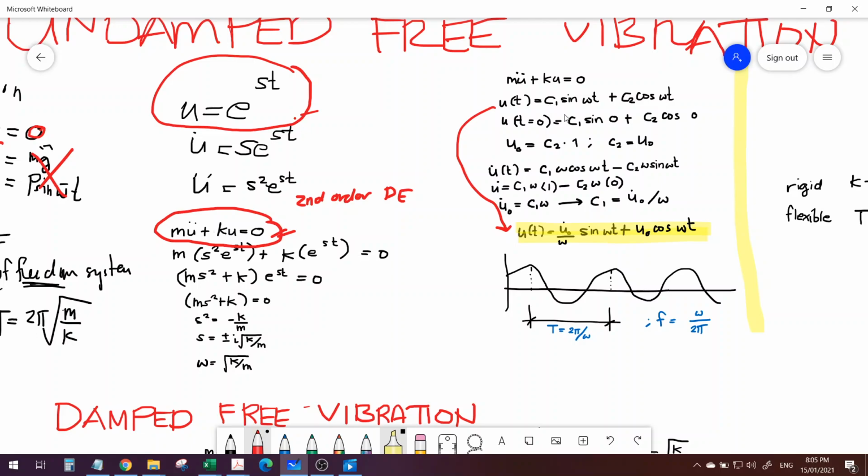So mu double dot plus ku equals 0. That means to get the u double dot, or the second derivative, you need to first get the first derivative of our assumed solution. So u dot is equal to e^u du.